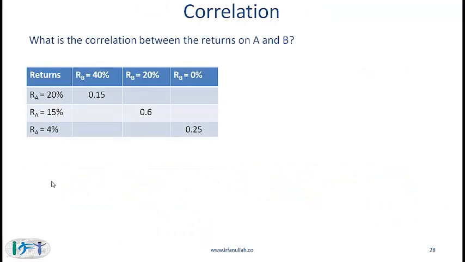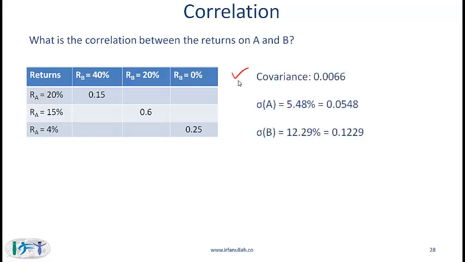Just to understand how to calculate correlation, let us take the same data which we saw a couple of slides ago and let's compute the correlation. You have already calculated the covariance, and let us say that you now also calculate the standard deviation of A and standard deviation of B. In the previous lecture on this reading, we talked about how to calculate the standard deviation of variables such as this.